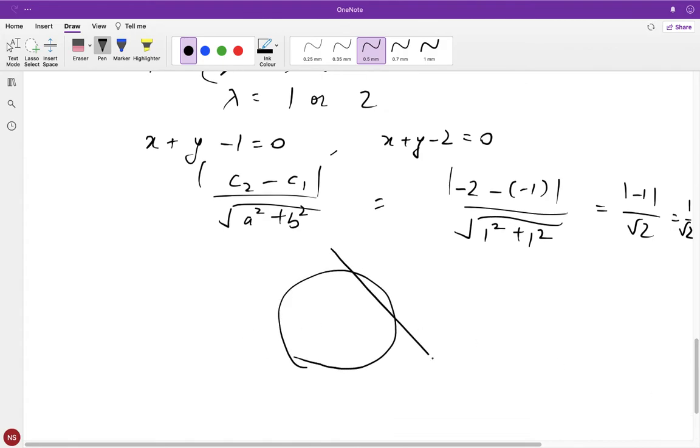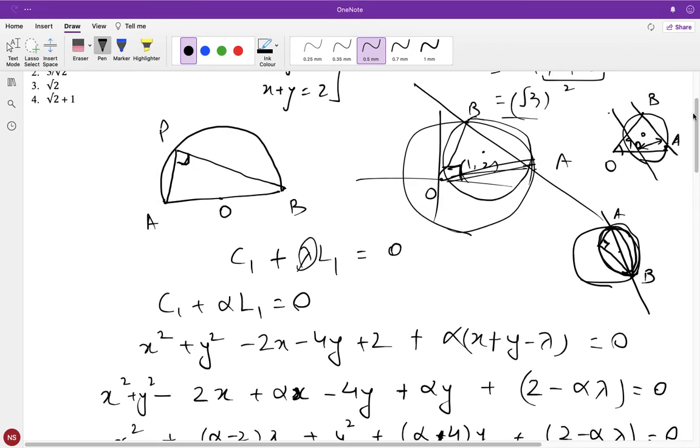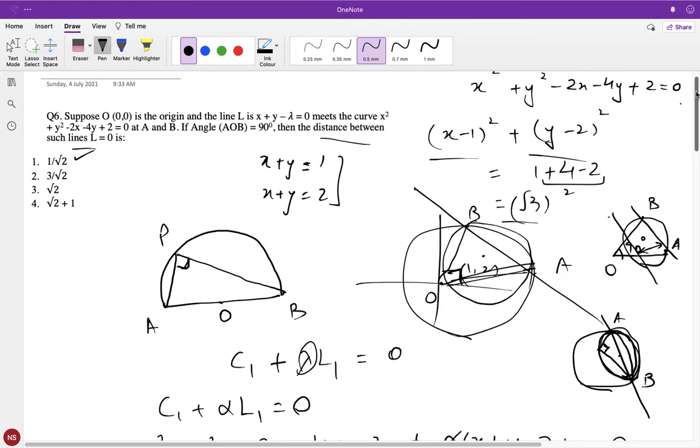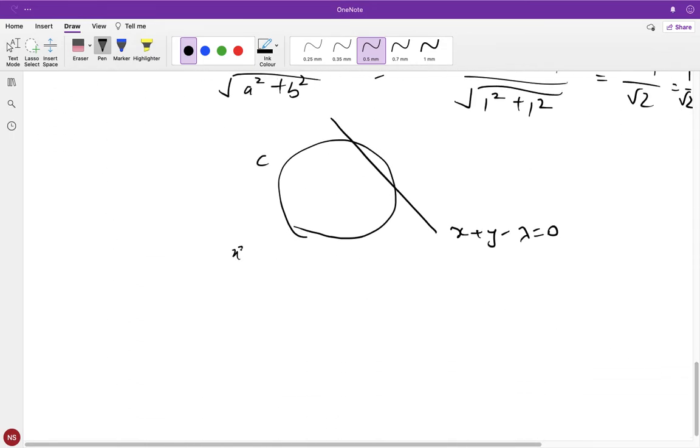Say this is the line x plus y minus lambda equals 0, and the equation of the circle given to me is x square plus y square minus 2x minus 4y plus 2 equals 0.